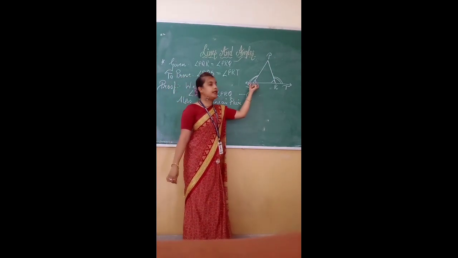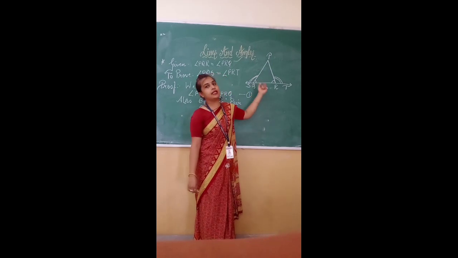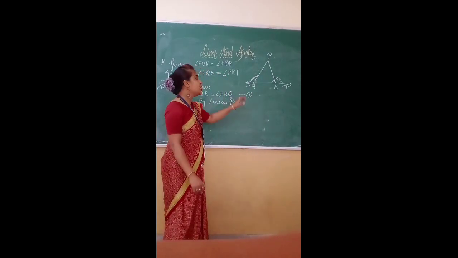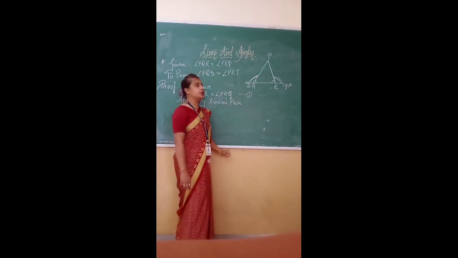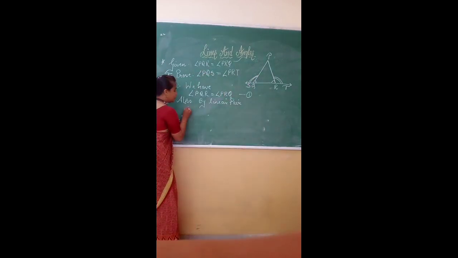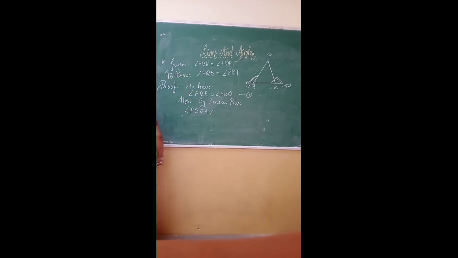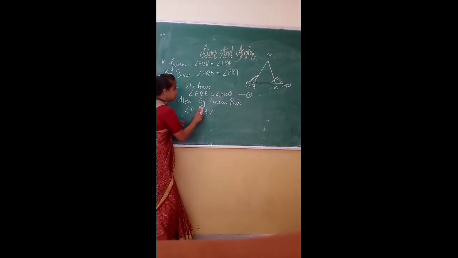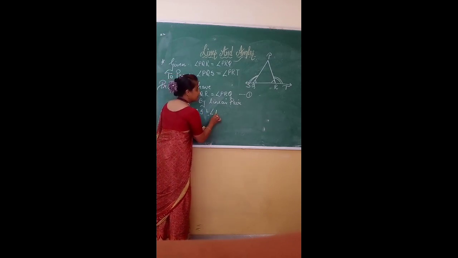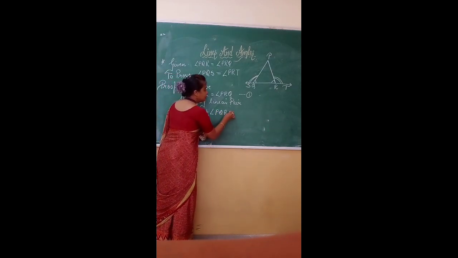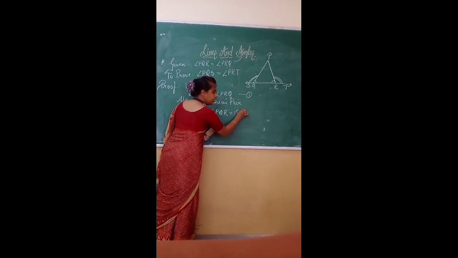That on a straight line, the sum of two angles is equal to 180 degrees. So, by applying the property of linear pair, we get from here that angle PQS plus angle PQR will be equal to 180 degrees.